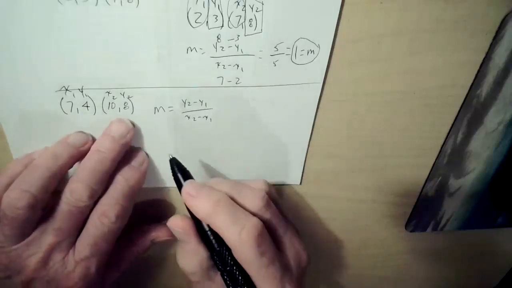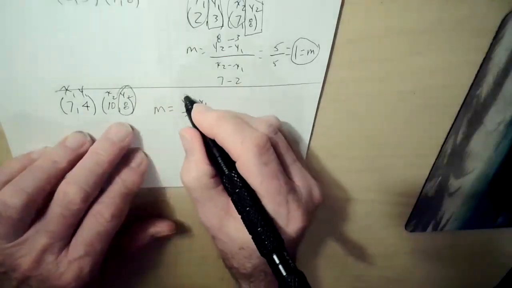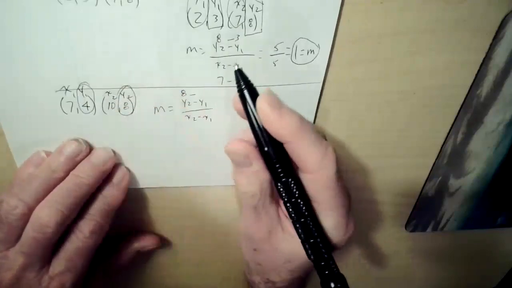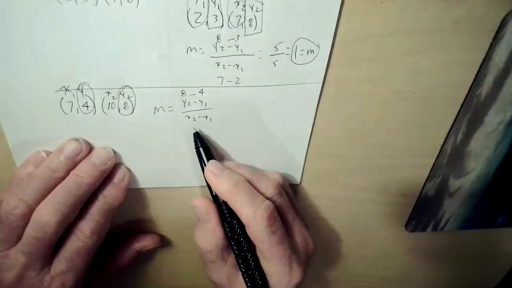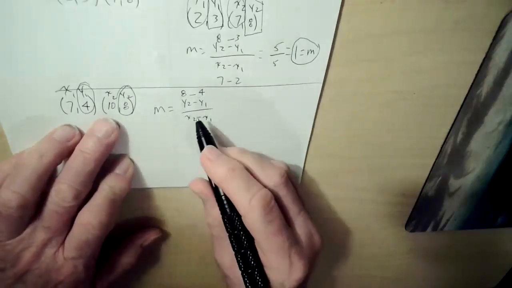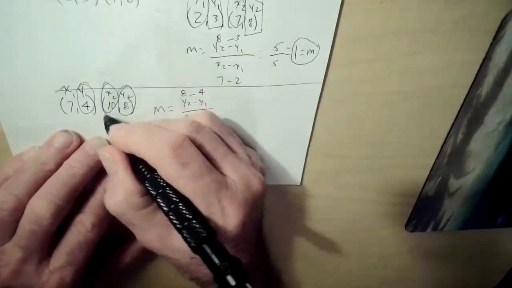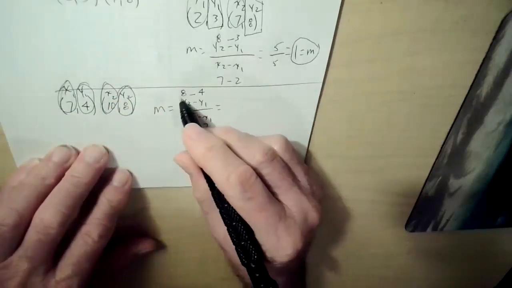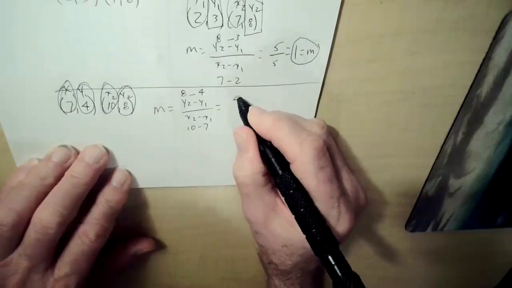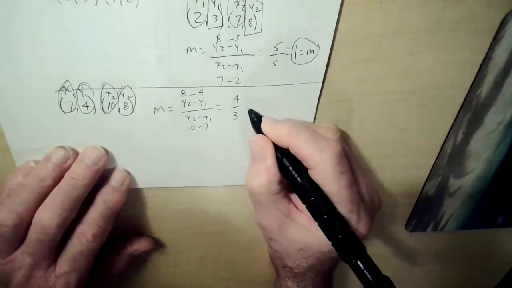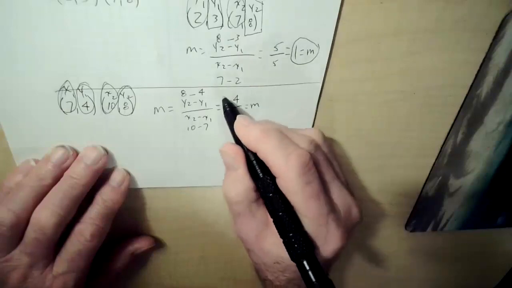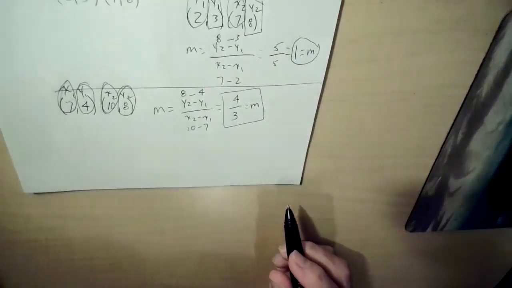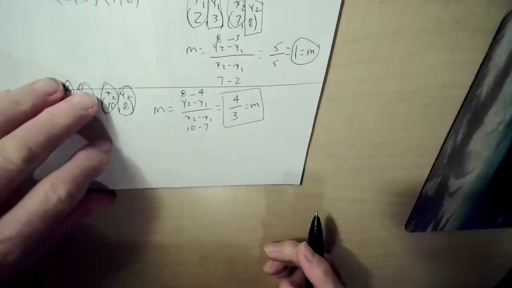Okay, so we get slope equals y2 minus y1 over x2 minus x1. y2 is 8 minus y1 is 4. x2 is 10 and x1 is 7. 8 minus 4 is 4 over 3.